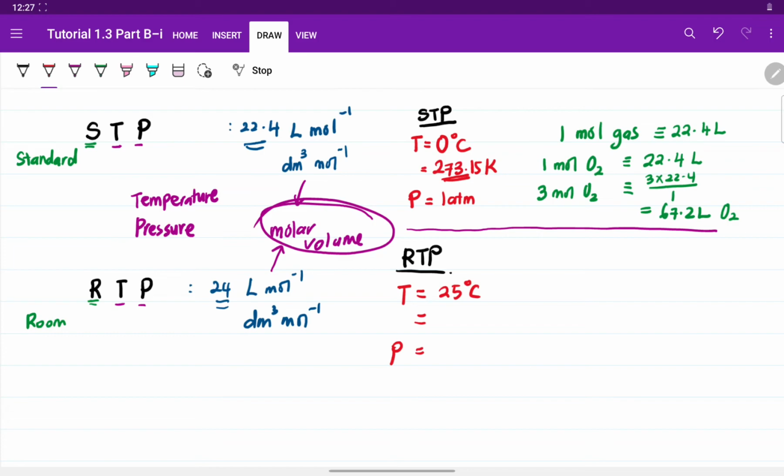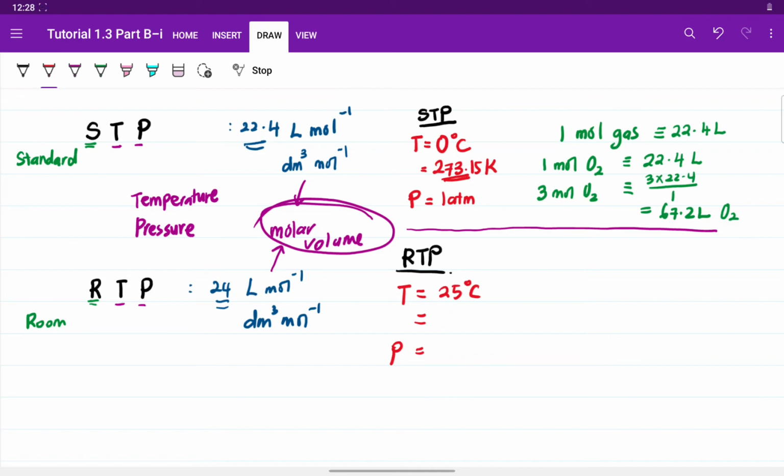Kenapa awak tak boleh tambah 273 sahaja? Because this is the value that is given to you dalam awak punya list of selected constant. The list of constants are given to you with the table of relative atomic mass. Kalau dah download hari tu, awak akan nampak dekat bahagian bawah tu kita ada list of selected constant.